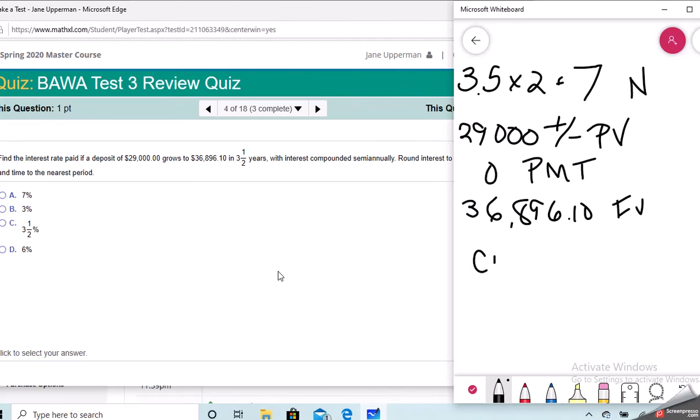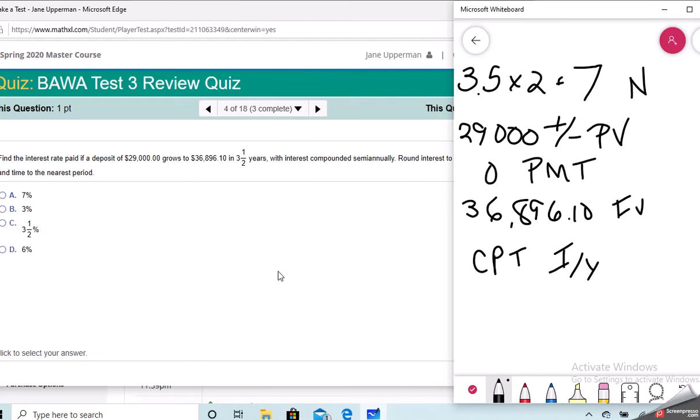Then we will compute our IY. So I put into my calculator 7, push my N, 29,000, hit the plus or minus button to make it negative, push the PV button, zero out the payment, 36,896.10 is my future value, and then compute the IY.